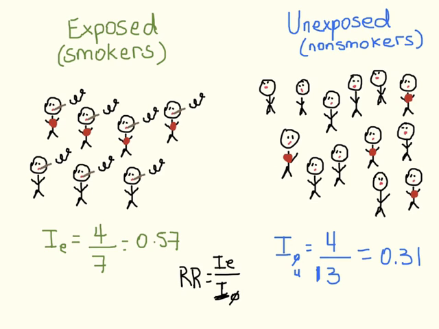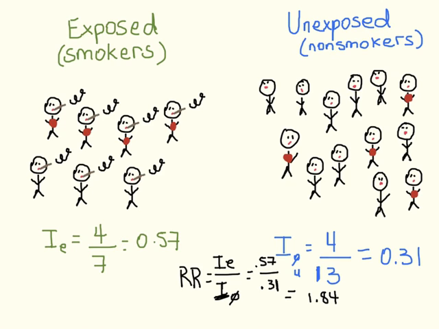I'm going to use a 0 there, which in our case is 0.57 over 0.31, which equals 1.84. So that shows that the smokers have 1.84 times the risk of getting heart disease than do the non-smokers.